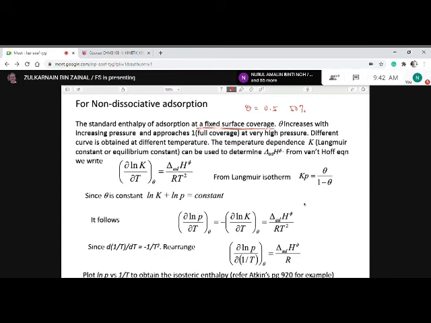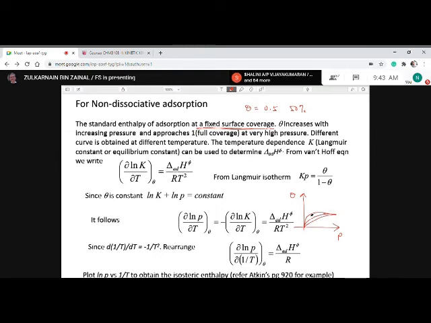For example, if you plot surface coverage versus pressure, you can get like this, like this, like this, and you get different curves at different temperatures.